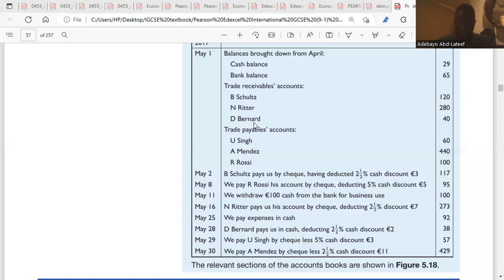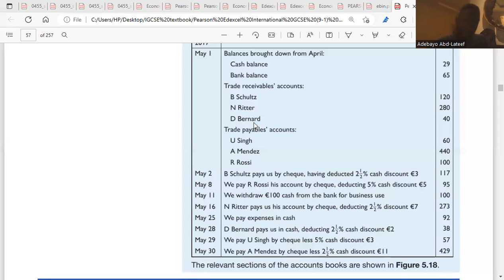So Usign, we are owing Usign 60 euros. On the credit side of Usign's account, we're going to write balance brought down 60 euros. On the debit side of Usign's account, because Usign will be receiving that amount from us, we're going to have bank for 57 euros and the discount 3 euros.